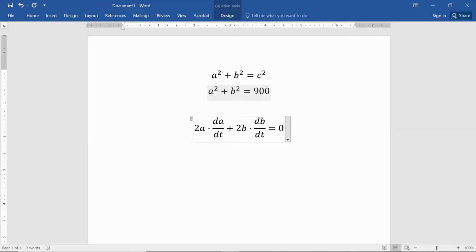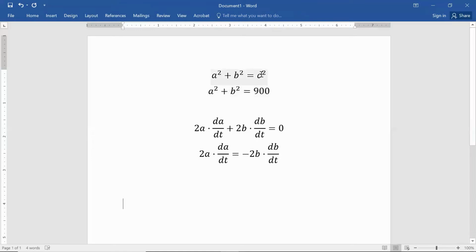And the derivative of 900 is 0. So that's what we get. If we want to make this a little more straightforward, 2A multiplied times dA dt is equal to negative 2B multiplied times dB dt. And we're going to be using that.